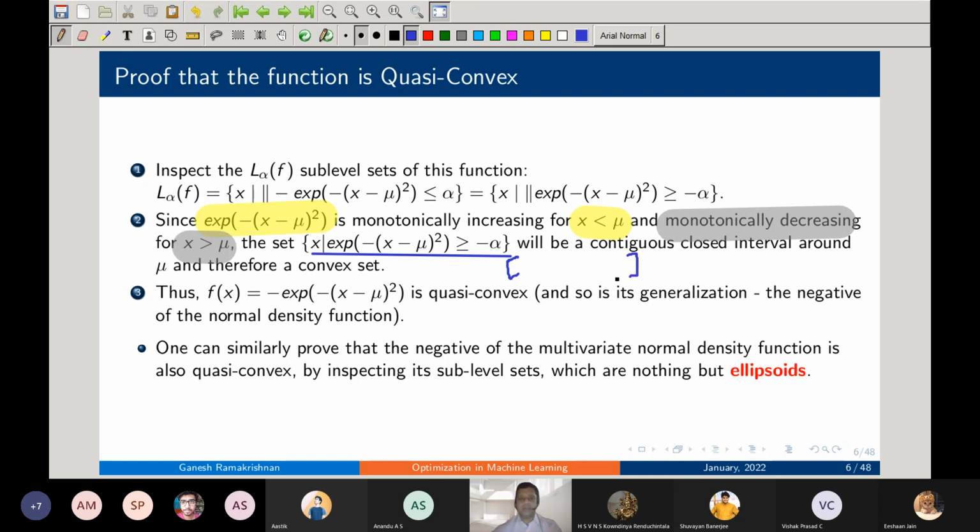So you have some alpha prime here and alpha double prime here, and somewhere situated here is a mu. So it's monotonically increasing for x less than mu, which means it'll keep on increasing. So do you expect a bound to be there at alpha double prime, a lower bound?